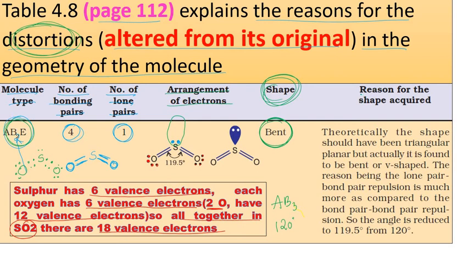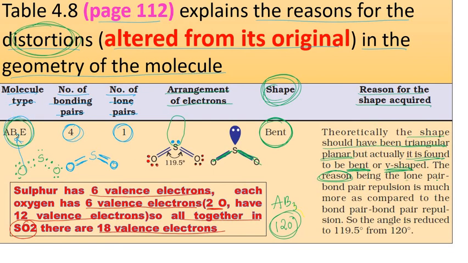Let us find out the reason for this shape acquired. Theoretically, the shape should have been triangular planar with a bond angle of 120 degrees, but actually it is found to be bent shape. I hope you can see this is bent shape, or simply called a V-shaped molecule.